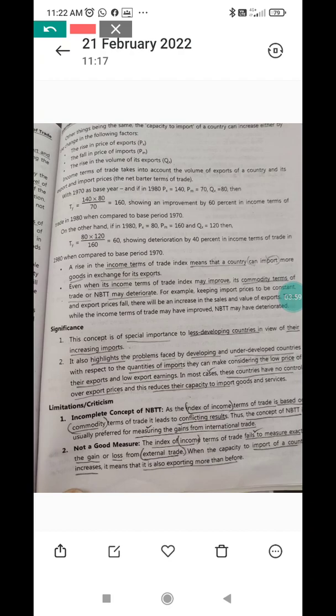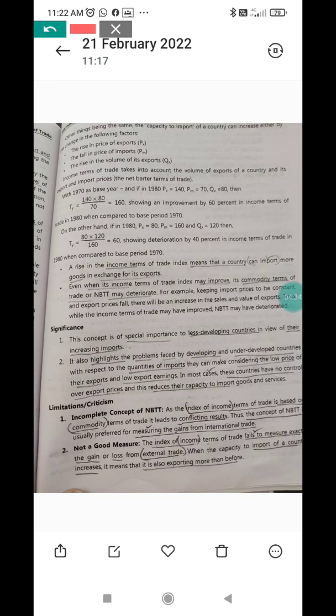Okay. The income terms of trade takes into account the volume of export of a country, that is the quantity of export, and its import. Export how much, import how much, that is being taken into account, and import price, that is the net barter terms of trade. See, in the last class we had discussed net barter terms of trade.